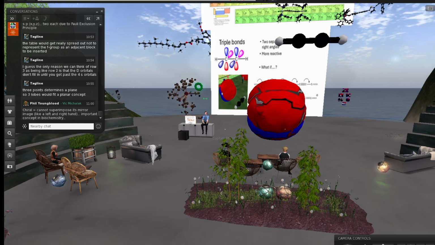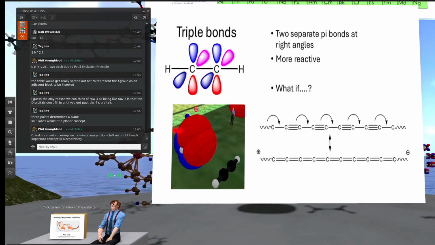One of the more interesting ones that I wanted to share with you was as they've been explored, if you have them in a row. If you have a bunch of these in a row, you might think that means I can share electron density along a row in one dimension, like a wire.